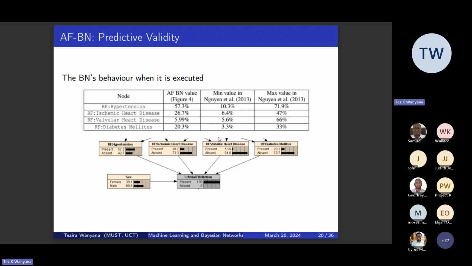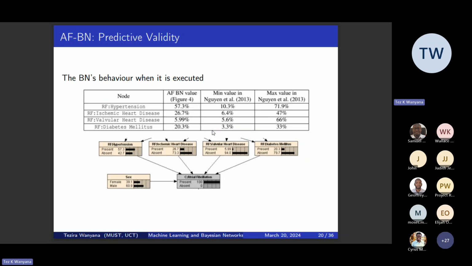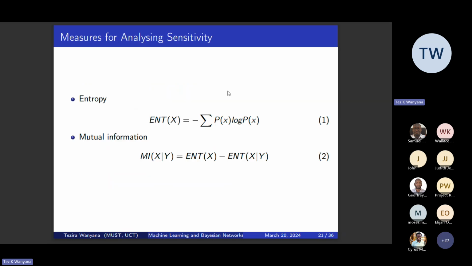And so we compared with Nguyen's work, and we were looking at what the network was saying and what Nguyen was saying for the minimum and maximum values. And then actually, predictive validity has three things that have to be measured. The first one being how the BN behaves when it is executed.